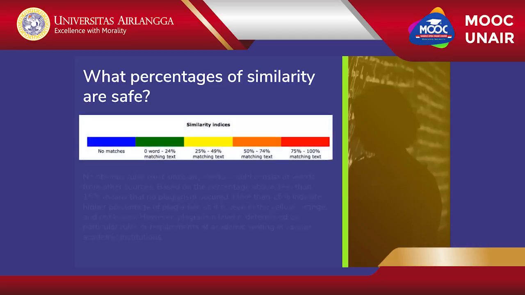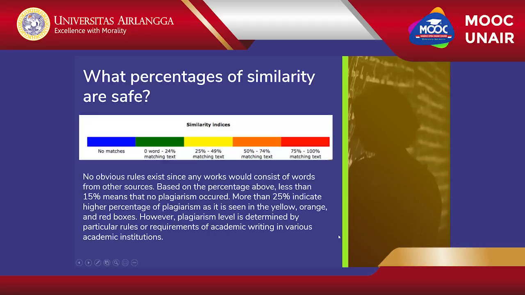However, higher amounts of similarity can indicate the occurrence of plagiarism. Thus, institutions usually have standards for an acceptable similarity percentage. With anything going above the standard, the works could be regarded as plagiarism.